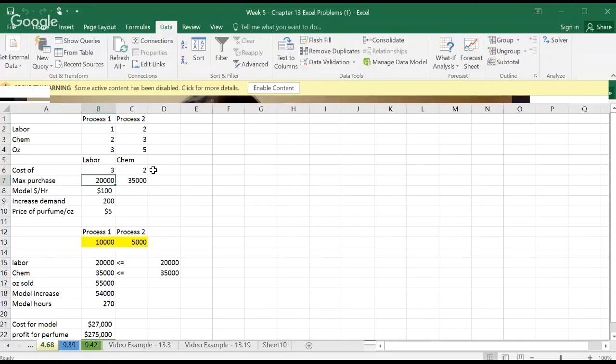So sum product is processes times chemical. Ounces sold should be 5, okay.